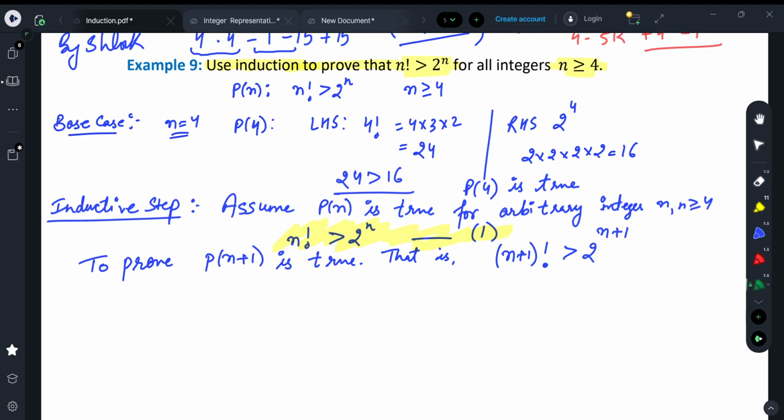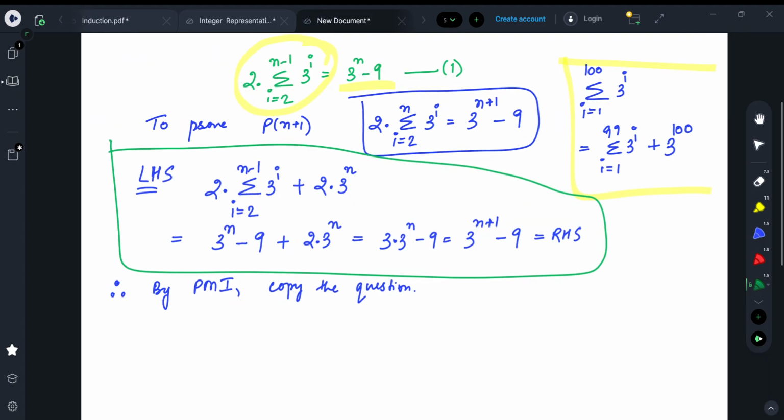Go back to the definition of factorial. What will you get? You'll get n plus 1 times n factorial, right? I'm just taking the left hand side of this inequality that I need to prove. Because what is n plus 1 factorial? Let me go back here.